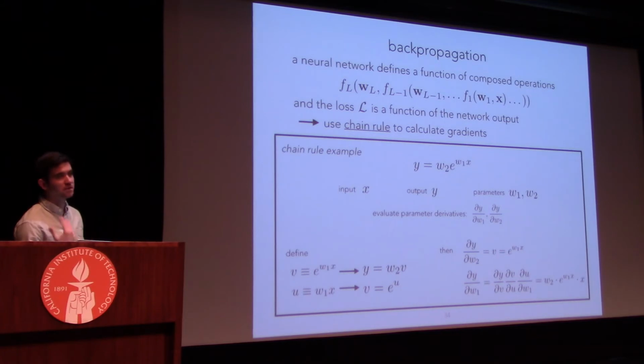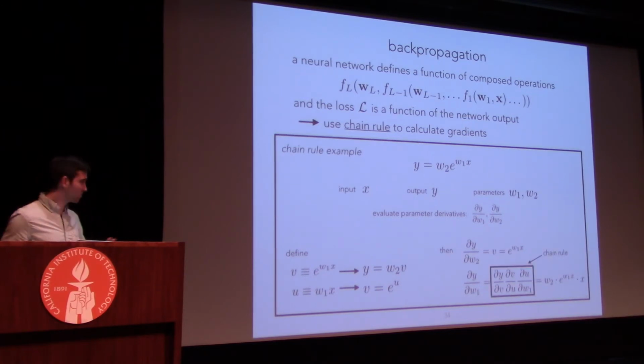If we multiply these out, that gives us the form of this derivative. So it's a way of taking some composed function, breaking it up, and taking the derivatives of each part as we go back. This ability is the chain rule.